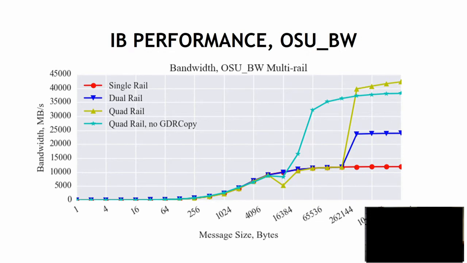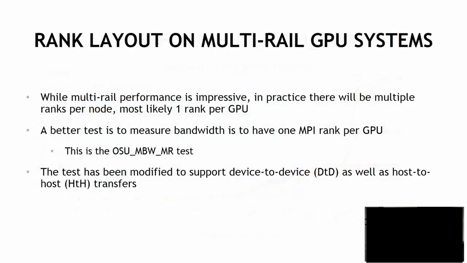And lastly, the completely untuned one, not my fake untuned one, because I actually set a variable, is the green line. You see that it caps out at about 38 gigabytes per second, but the multi-rail kicks in much sooner, which I think would be of actual benefit.